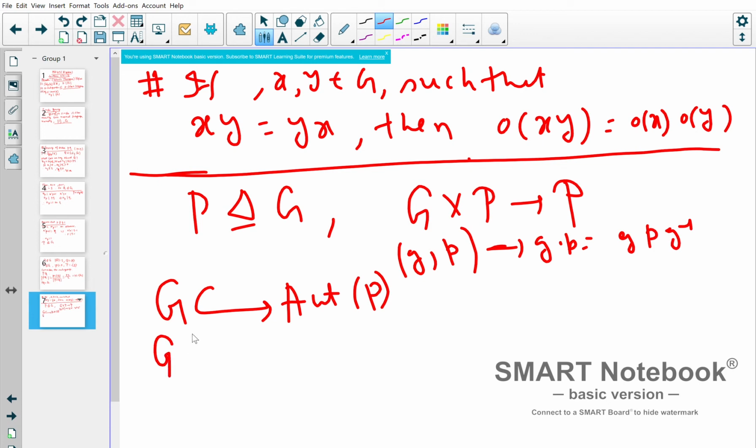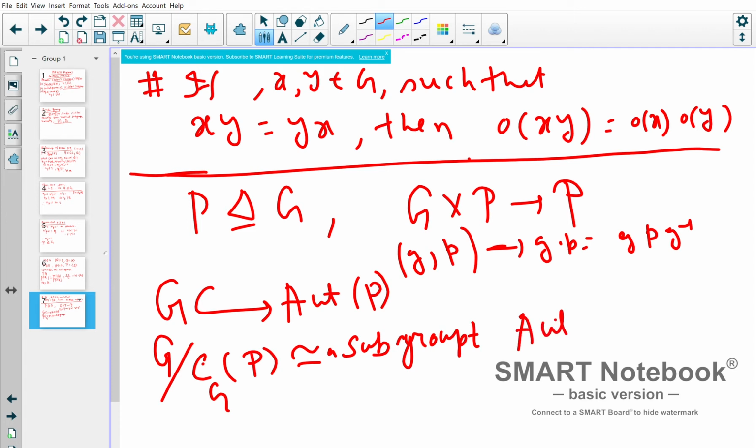So we proved that G mod this centralizer of P in G is isomorphic to a subgroup of this automorphism group of P, right? We already proved this thing, and this I'm going to use to find out whether they commute or not.